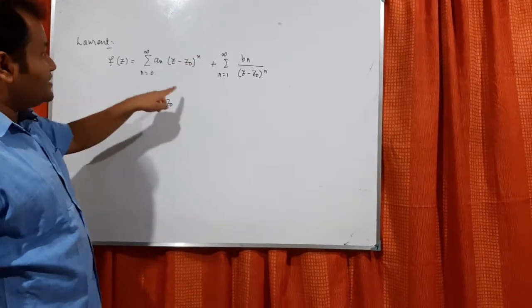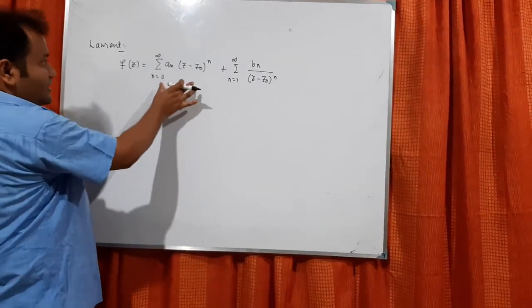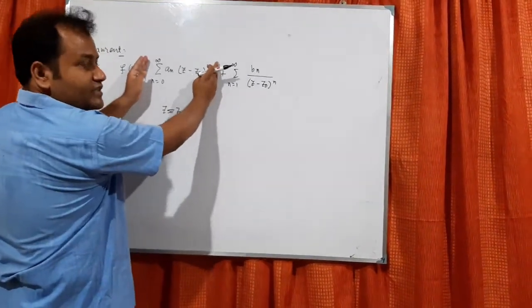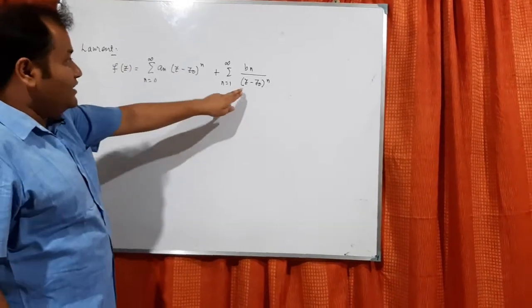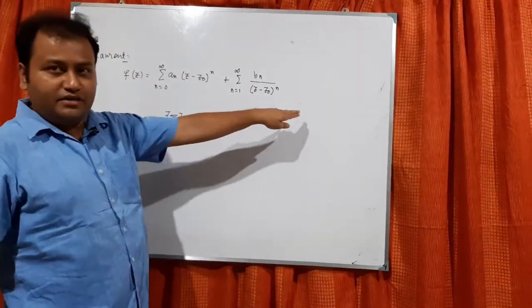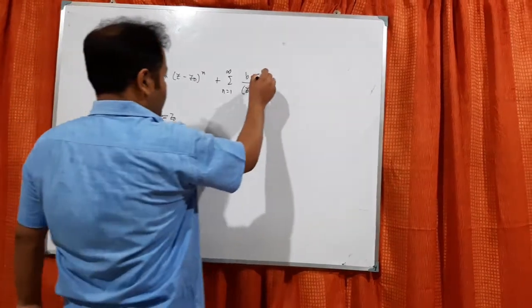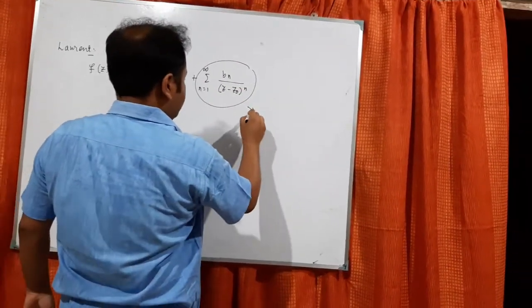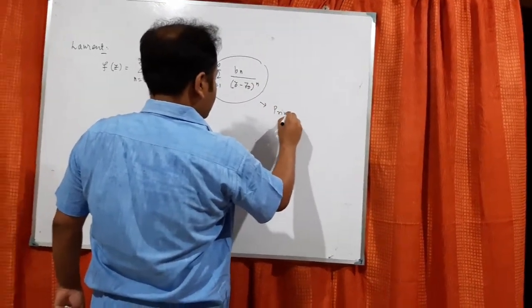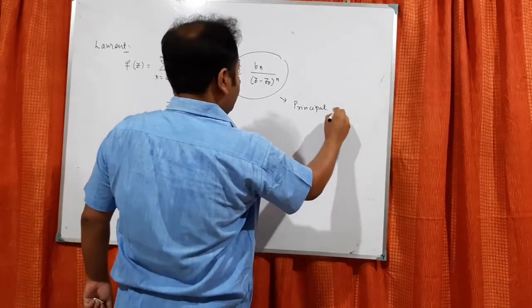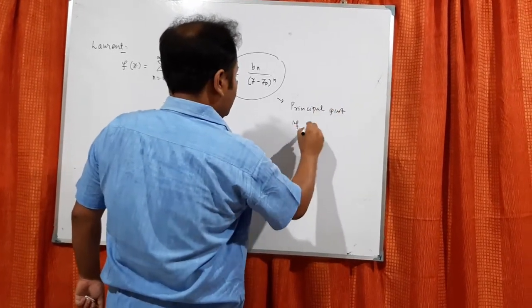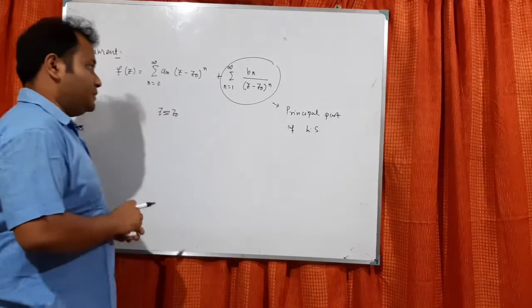Now if you carefully see, this one is nothing but the Taylor series expansion at z equals z naught, and this one is the negative part. Now this part is called the principal part of Laurent series.